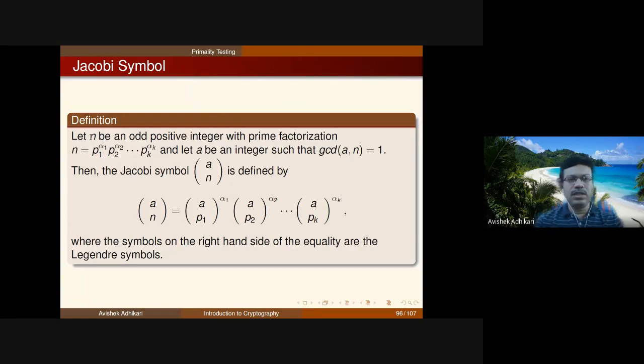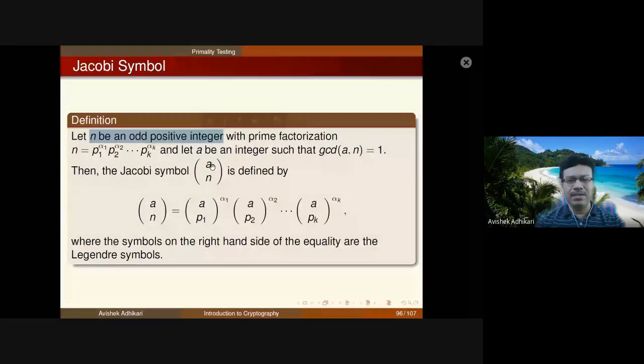So what is the Jacobi symbol? Note that the first change comes here: n is an odd positive integer. In the case of the Legendre symbol, this n has to be an odd prime. But in the case of the Jacobi symbol, n has to be an odd positive integer. That's the main generalization of the Legendre symbol.